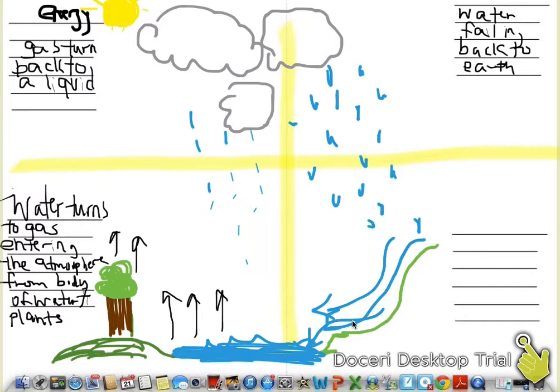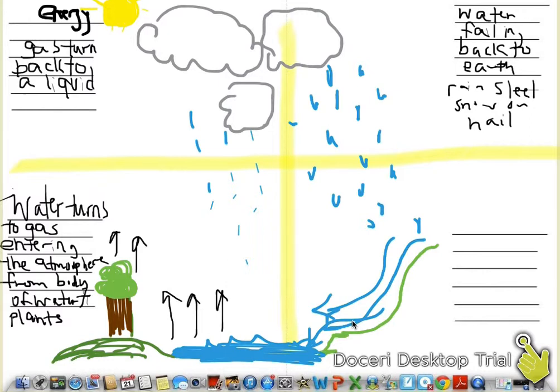So you could put water falling back to earth as rain, sleet, snow, or hail.